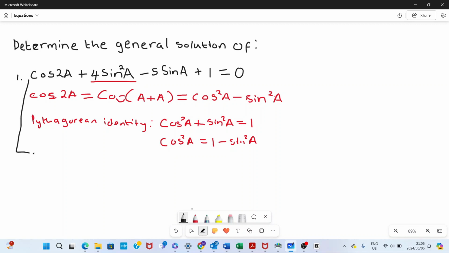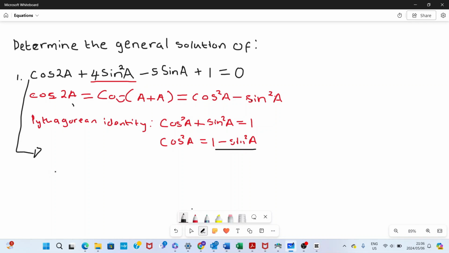We are going to continue solving the equation. We substitute our cos 2a with what we now have. We know that cosine of 2a is equal to this, and also the cosine squared of a is equal to this.